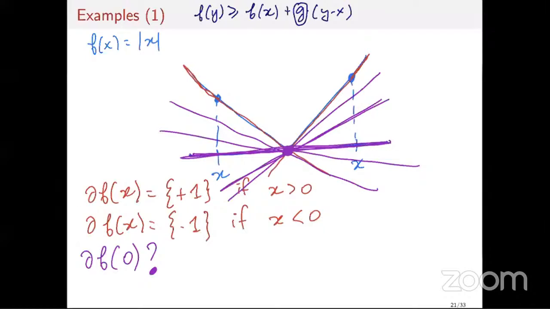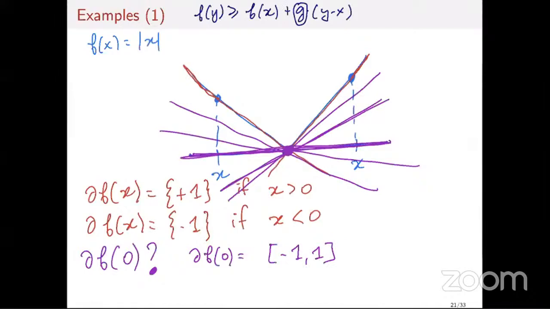You can see that any line whose slope has absolute value less than 1 is going to work. So you can see that df of 0 is essentially just the interval minus 1, 1.